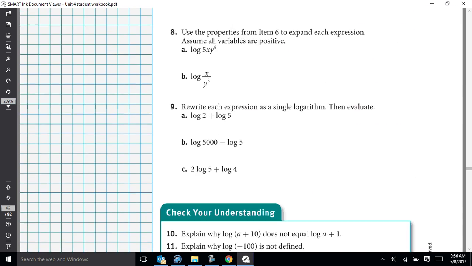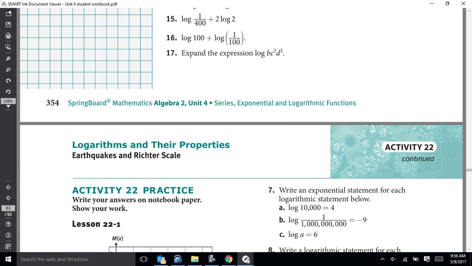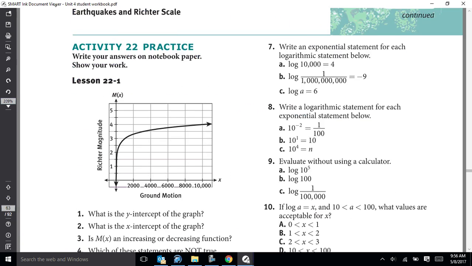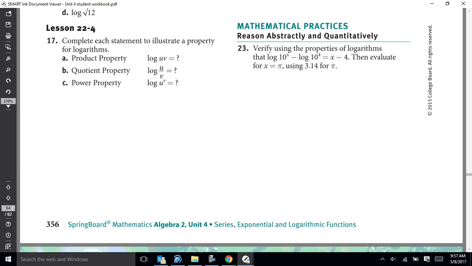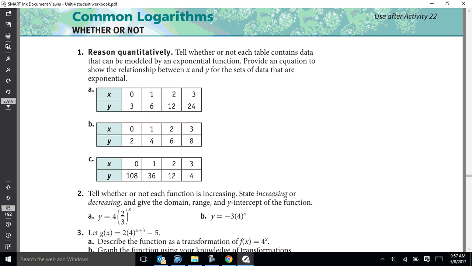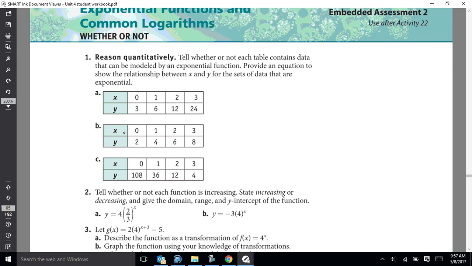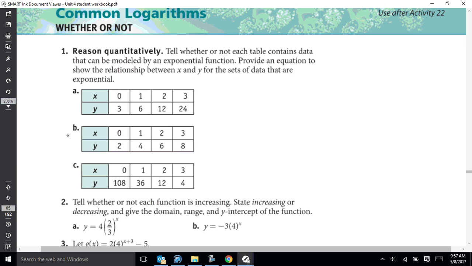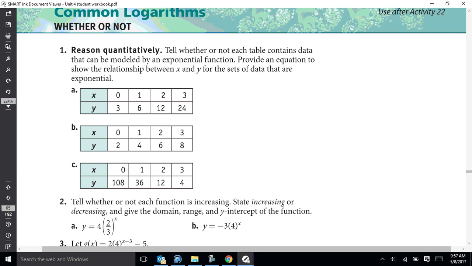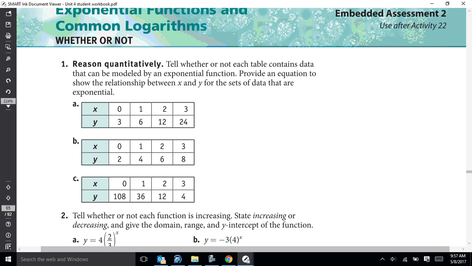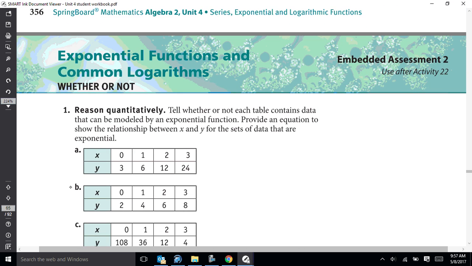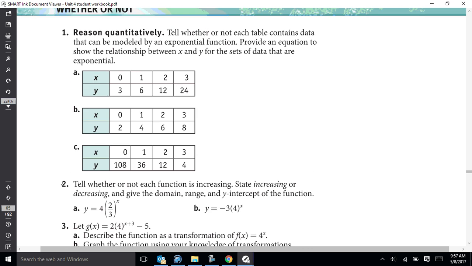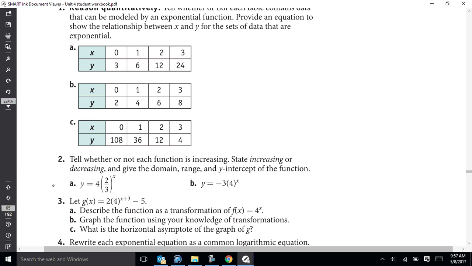Yeah. All right. All right. So your test. Okay. 357, if you're looking for it.